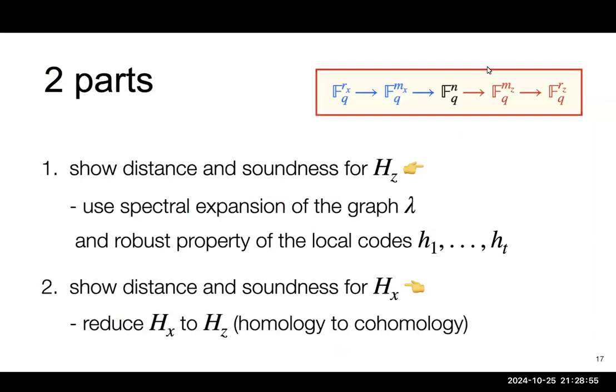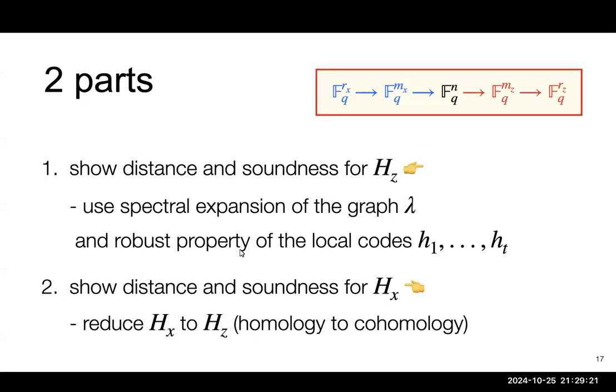Let me briefly overview the proof. The main part is proving the distance and soundness. We have two parity check matrices. For the first parity check matrix, HZ, the way you prove it is to use the spectral expansion property of your underlying graph, together with the robust property of your local codes. That's where the assumptions come from.